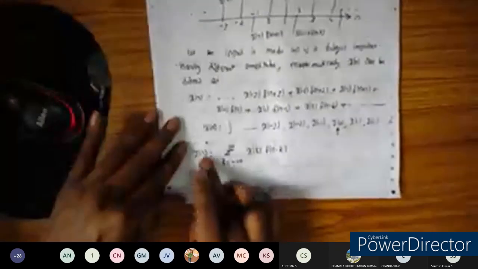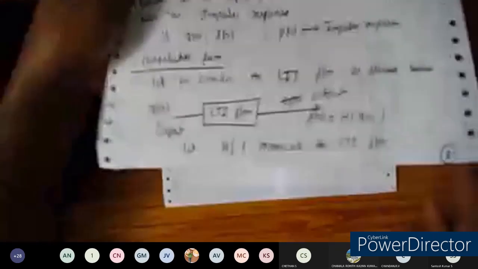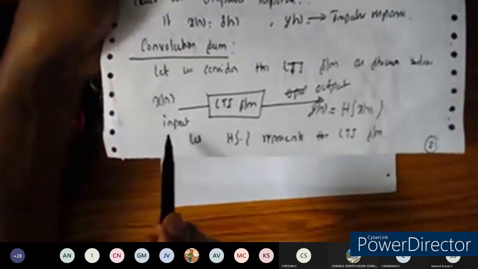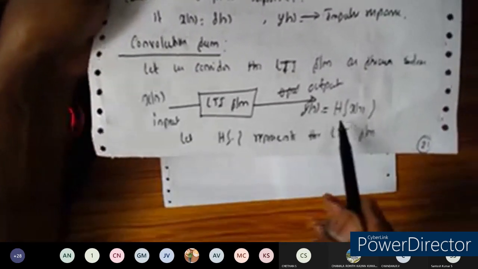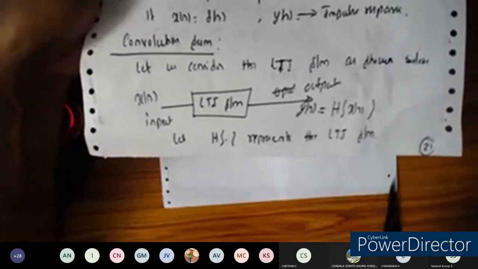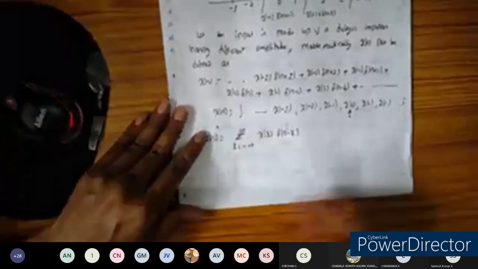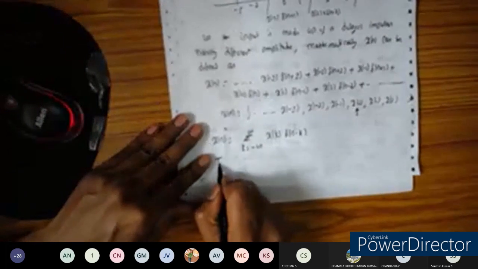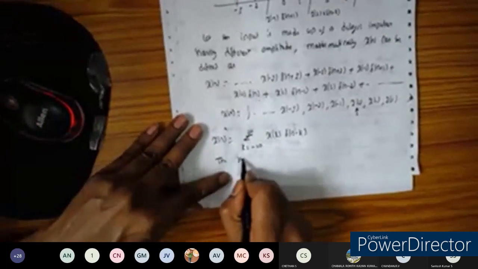Now this input, I'm going to give as an input to the LTI system. This x of n I'm giving as an input, and we are going to find the output of the system.